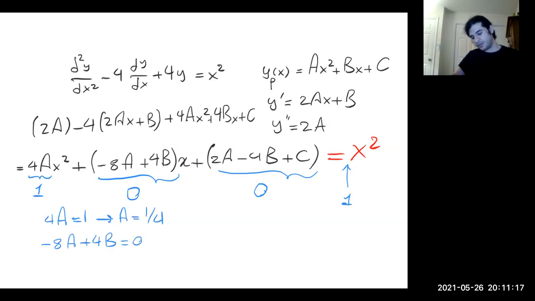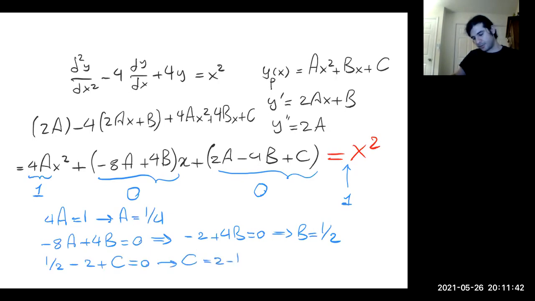Since a is 1 over 4, minus 8a is minus 2, so minus 2 plus 4b equals 0, which means b is 1 over 2. And the last equation, 2a minus 4b plus c, would be 1 over 2 minus 2 plus c, which should equal 0. Therefore, c is 2 minus 1 over 2, which is 3 over 2. So this particular solution is 1 over 4 x squared plus 1 over 2 x plus 3 over 2.